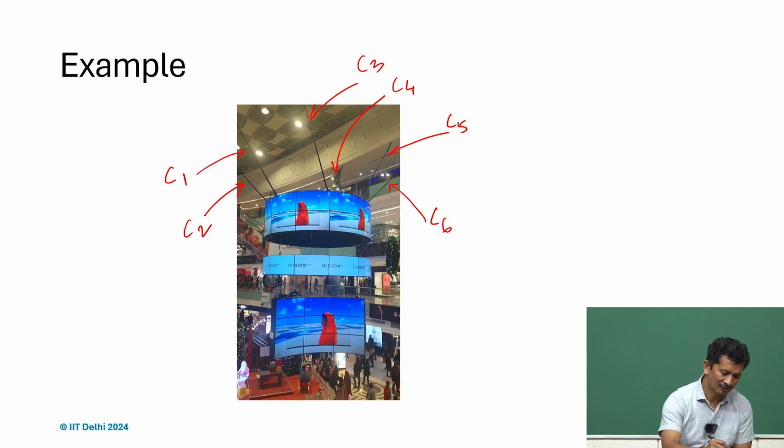I think we can also highlight it. So, again C1, C2, C3, this might be connected to the other side somewhere there, somewhere here.